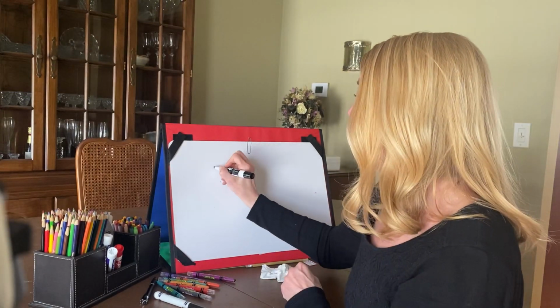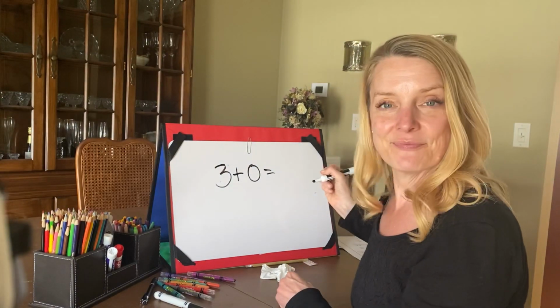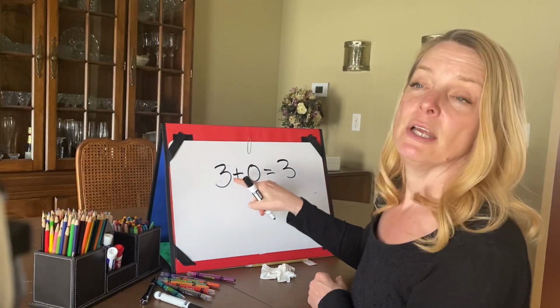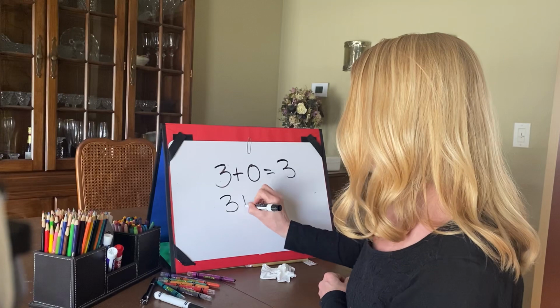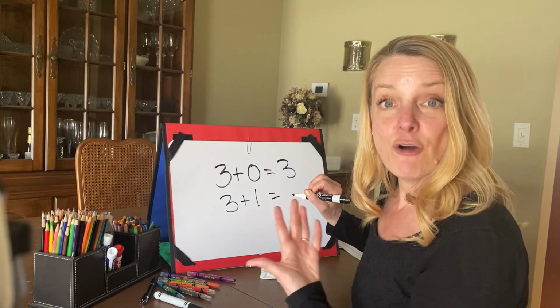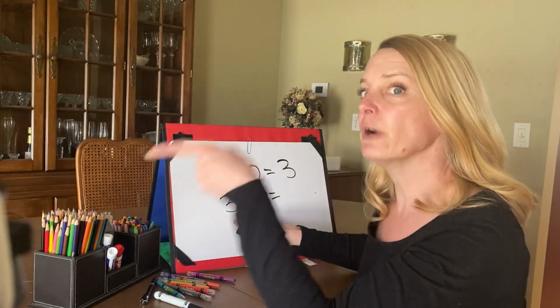If I have 3 plus 0 equals 3. You know that anytime you add 0 to a number, the answer is always the other number. And if I have 3 plus 1, the answer is 4. That's right. I look at this number and I think of what number comes right after that.